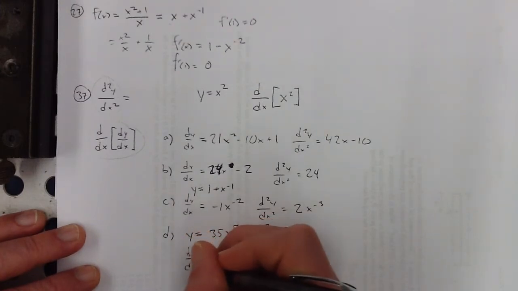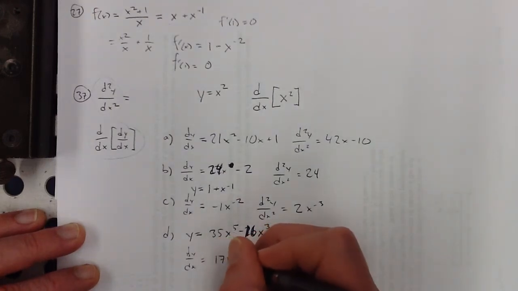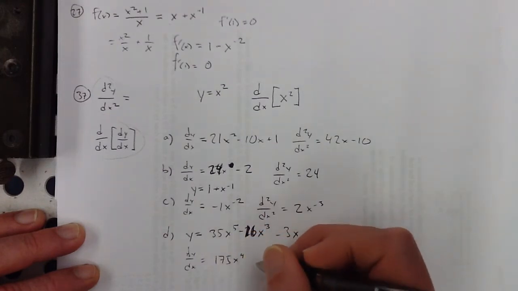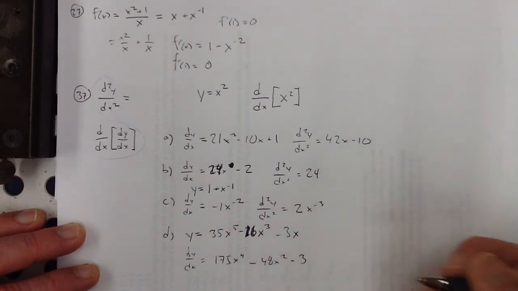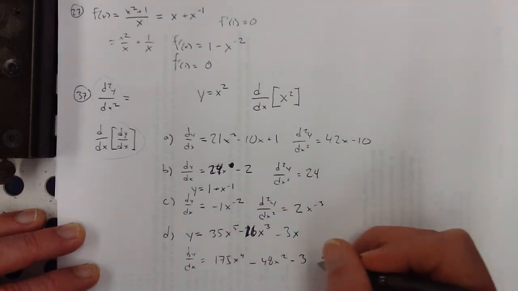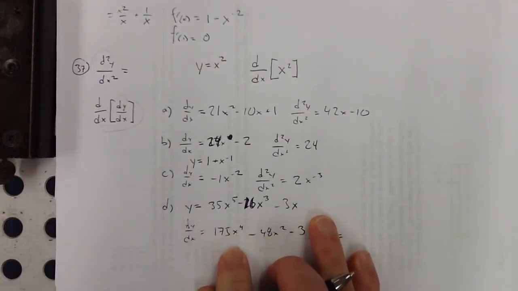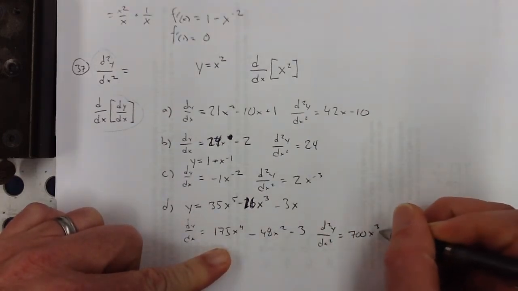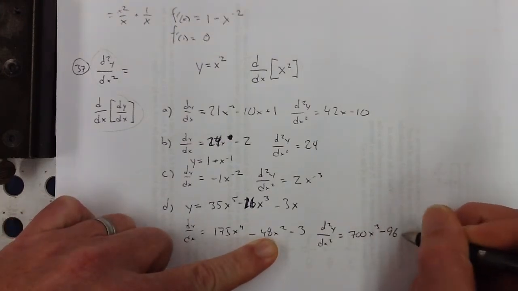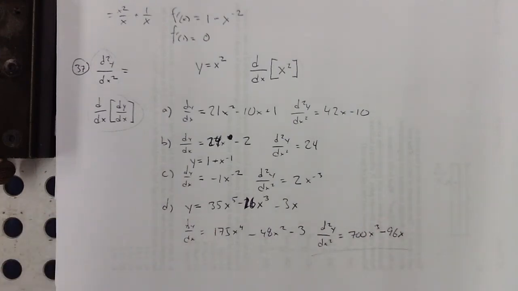So dy dx is 5 times 35, that's 175 x to the 4th, and then 48x squared minus 3. And my second derivative is 4 times 175, which is 700x cubed minus 96x, and then the 3 goes away. So I think that's it.